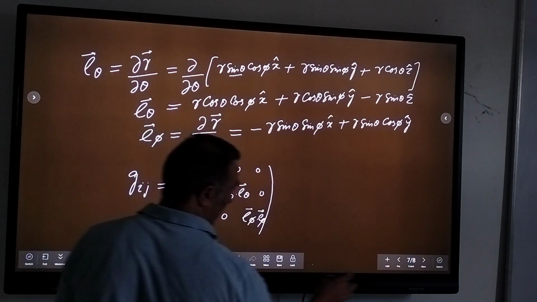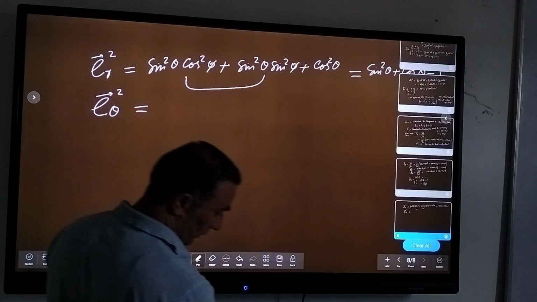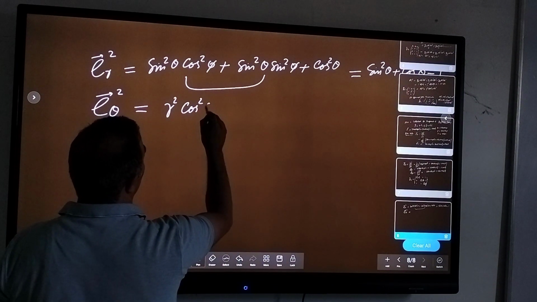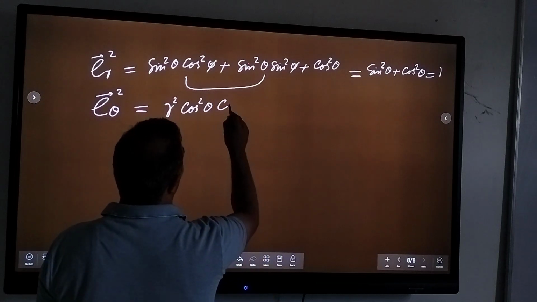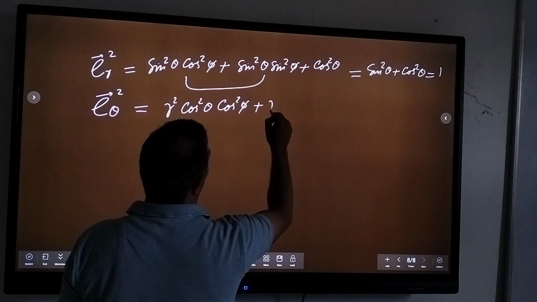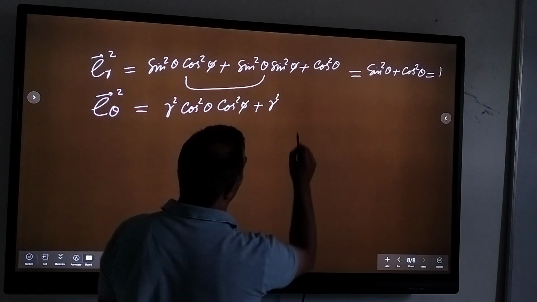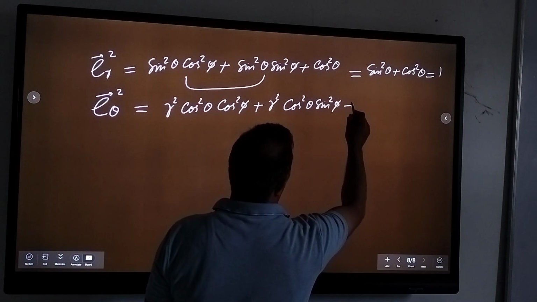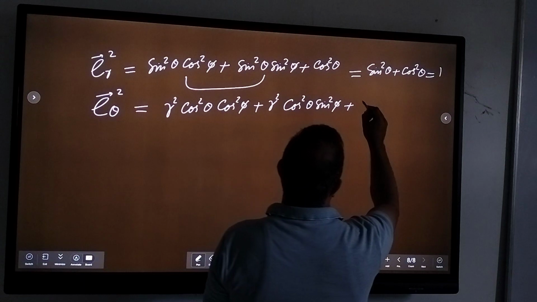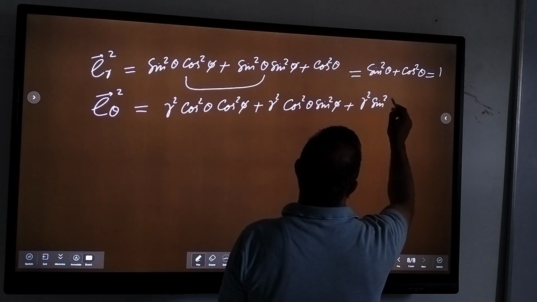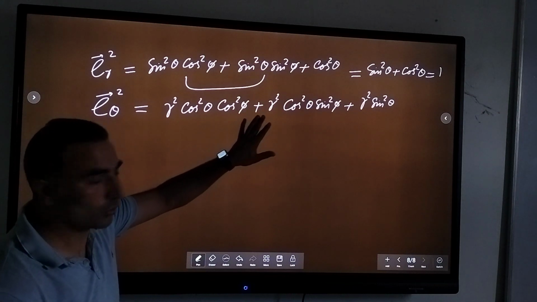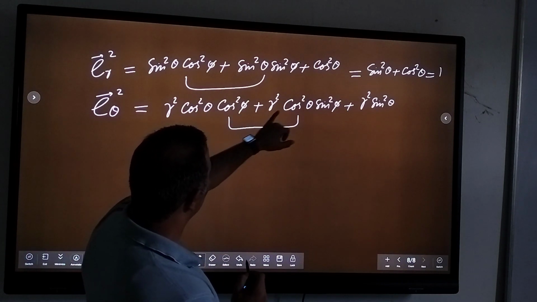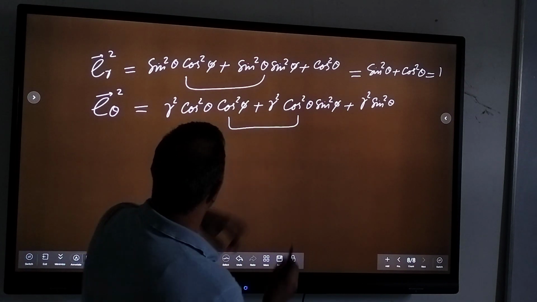E theta square will be equal to r square cos square theta cos square phi plus r square cos square theta sin square phi plus r square sin square theta. So if I combine these two terms, what will come here? You can take r square cos square theta out, so this will be that.